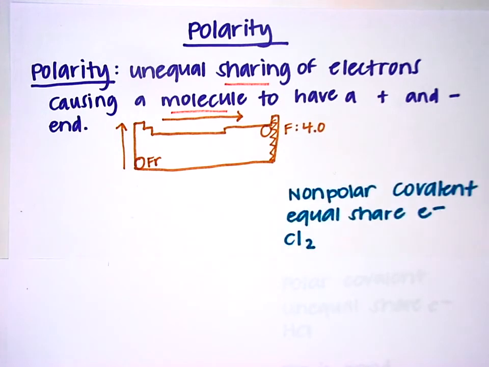When we're talking about bonds, a nonpolar covalent bond is a bond that shares electrons equally, something like Cl2. I like to think of twins with the same attractiveness and the same personalities, so they have equal attractiveness towards electrons.